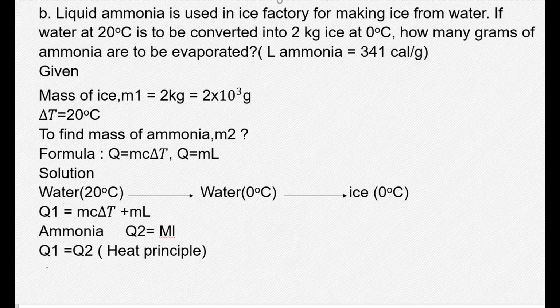That is mc delta T plus ml is equal to Q2. What is Q2? M into L of ammonia.